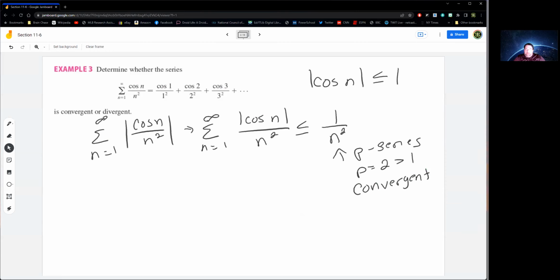And since this is always bigger than this, based on the comparison test, this is convergent. So my original series is absolutely convergent.